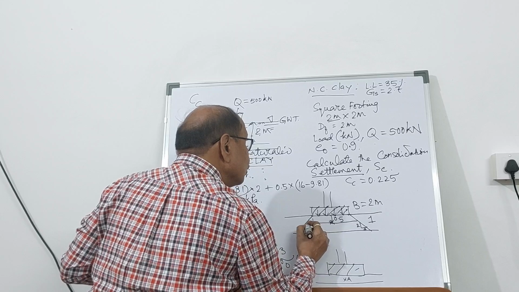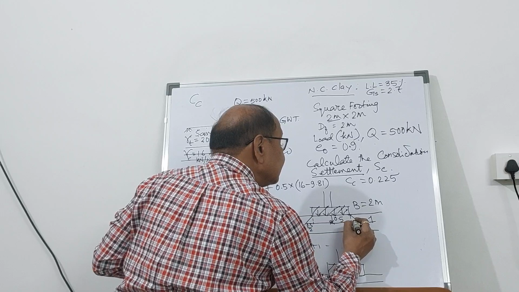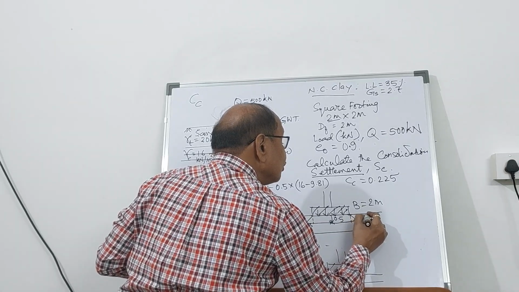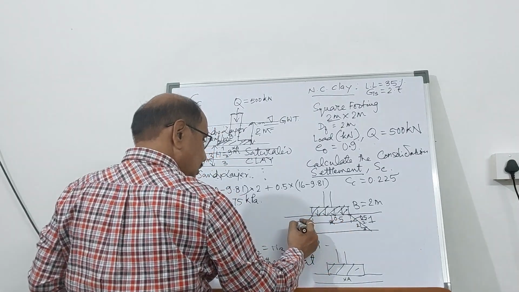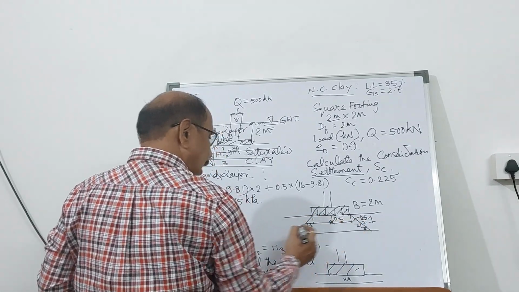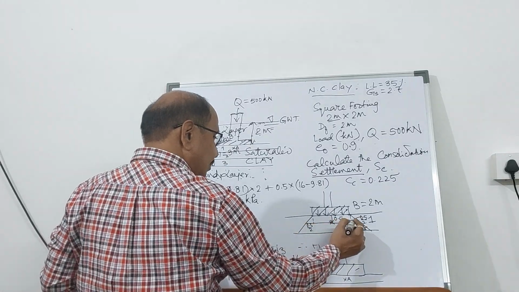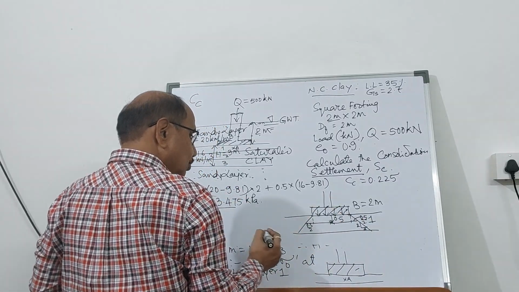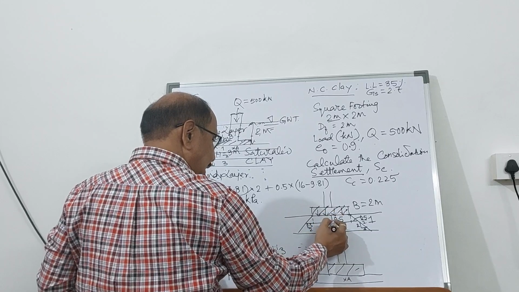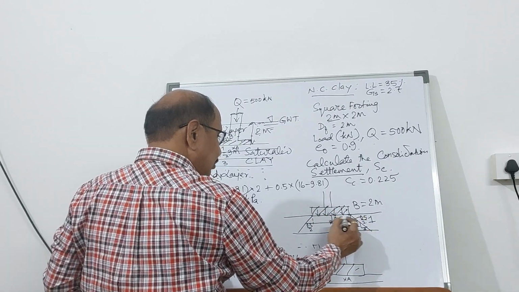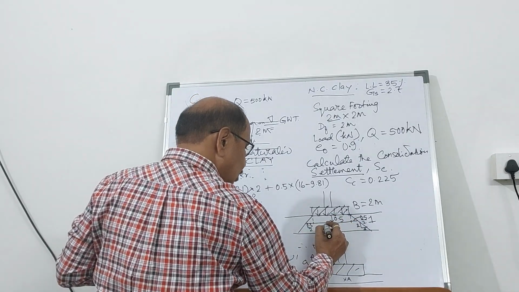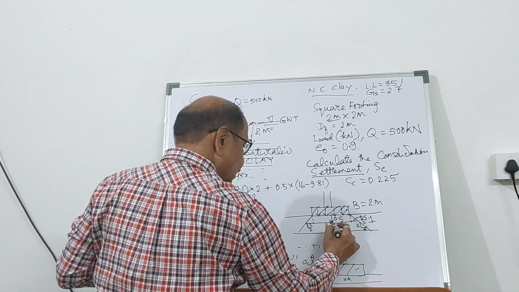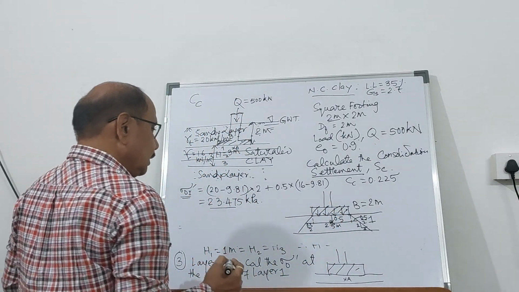So this dimension is going to be 0.5 by 2, and this side also will be 0.5 by 2. So the total dimension at the midpoint is 0.5 by 2 plus 0.5 by 2, that is 0.5. So at 0.5 meter, the total dimension becomes 2 meter, the width of the footing, plus 0.5 meter. So it becomes 2.5 meter, right?